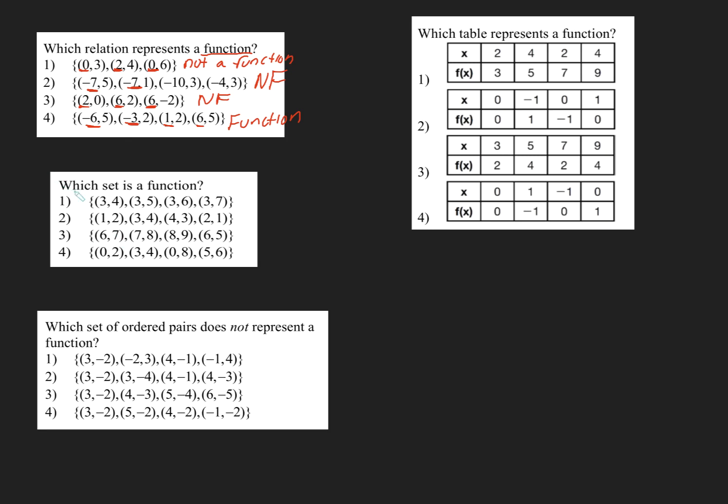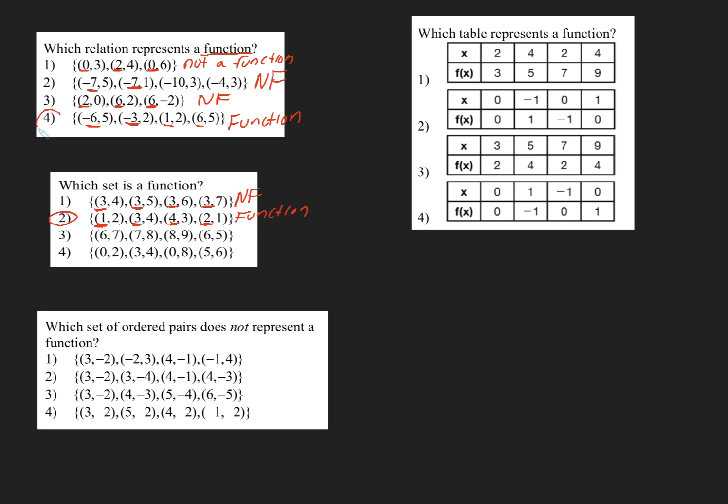Let's look at number 2. It says, which set is a function? 3, okay, 3, all of the x values repeating, not a function. Okay, 1, 3, 4, 2. All of my x values are different, so this is a function. So my answer is 2.